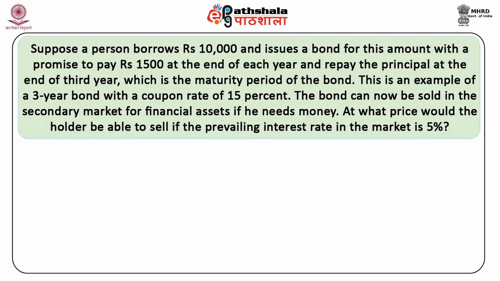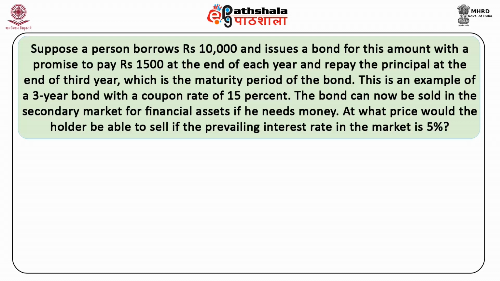Suppose a person borrows rupees 10,000 and issues a bond for this amount with a promise to pay rupees 1500 at the end of each year and repay the principal at the end of third year, which is the maturity period of the bond. This is an example of a 3-year bond with a coupon rate of 15%.